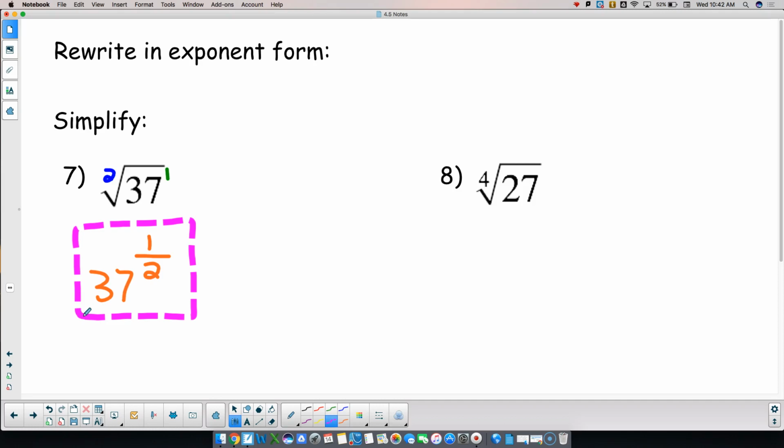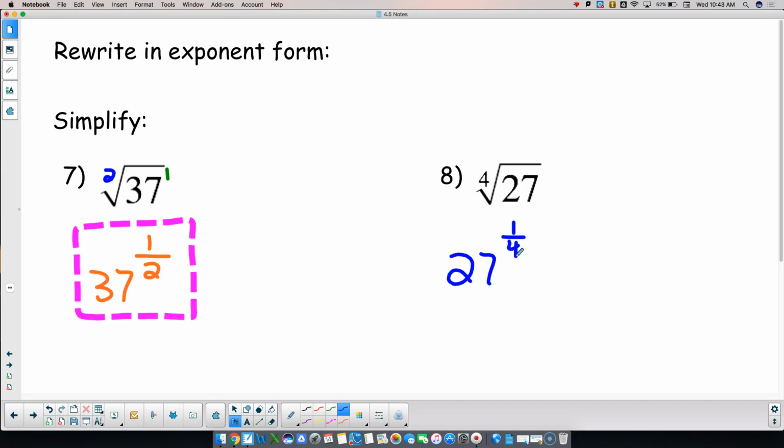Number 8. What would number 8 be? Is that going to be your final answer of 27 to the 1/4 power? Why not? What would it reduce to? But that's different. That's 27 times 1/4.